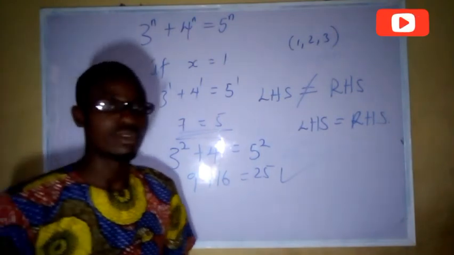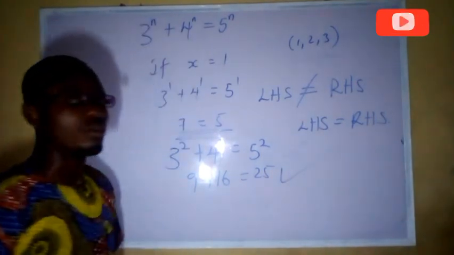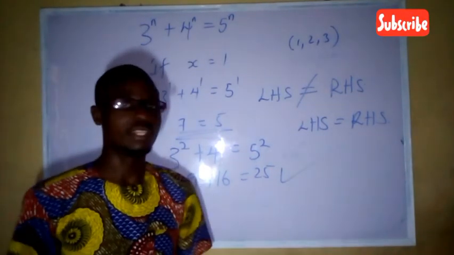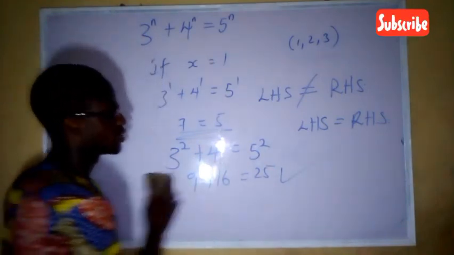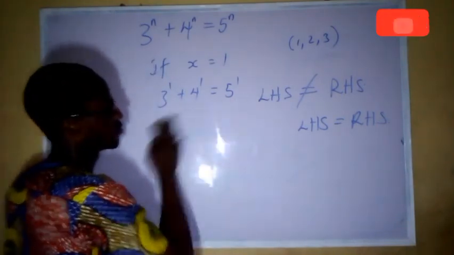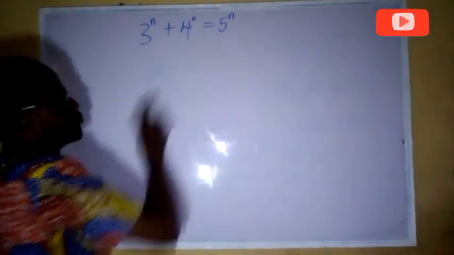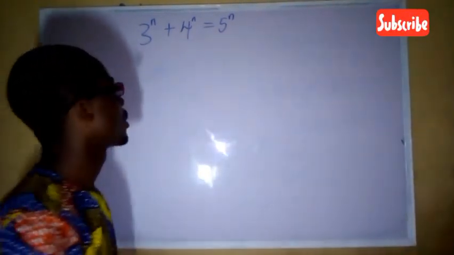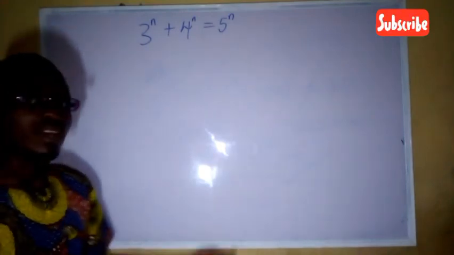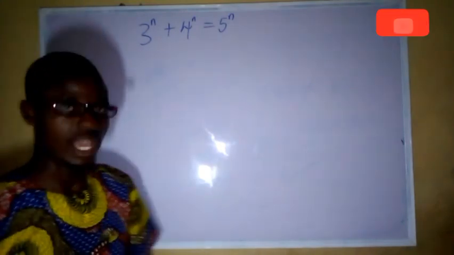Lastly, I'm going to use the last method, which is one of the trigonometry identities. So how do I go about that? If I have to work with that, I'm going to divide by the highest number.